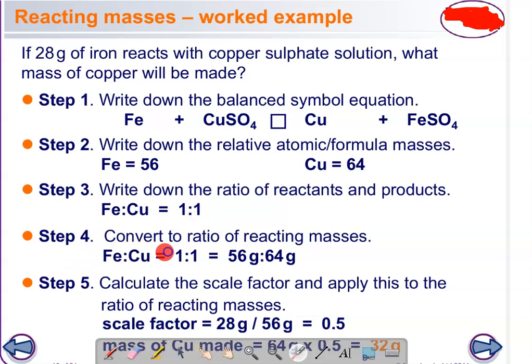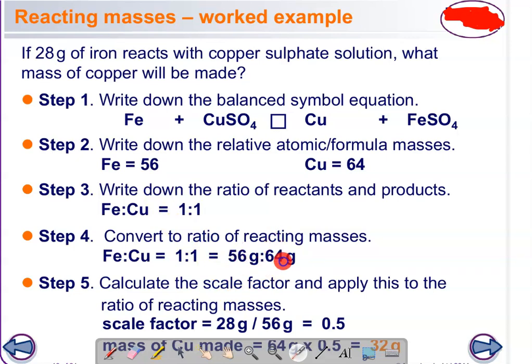Step 4, convert to the ratio of the reactant masses. Instead of the ratio, we put the reactant masses there. The relative atomic mass of iron is 56. So it will be 56:46.